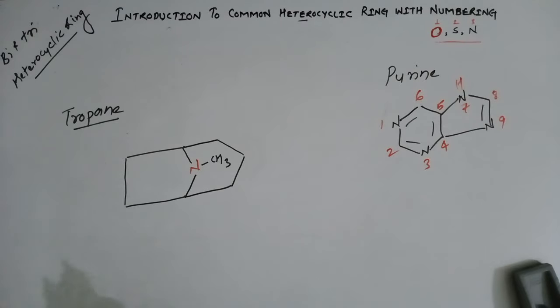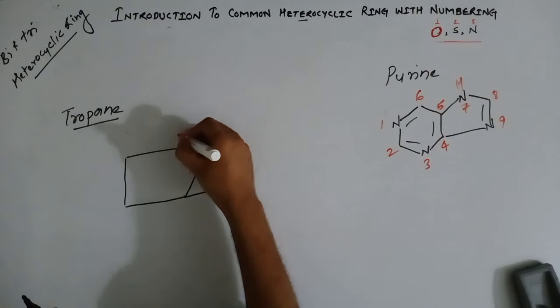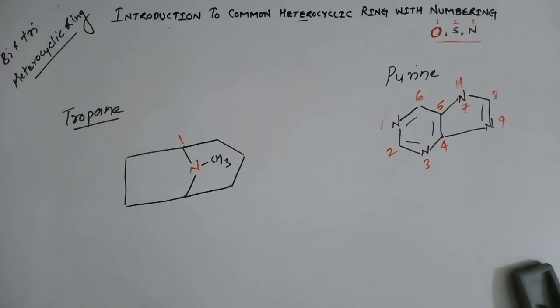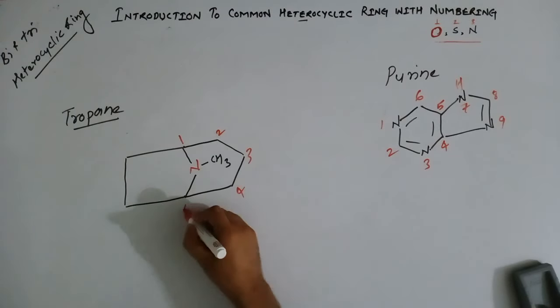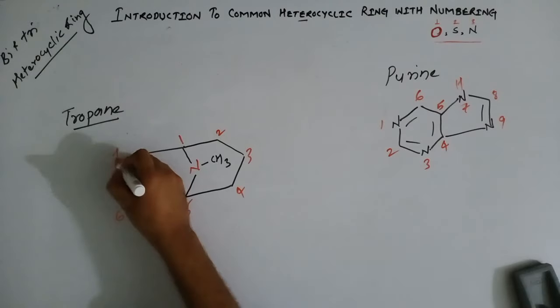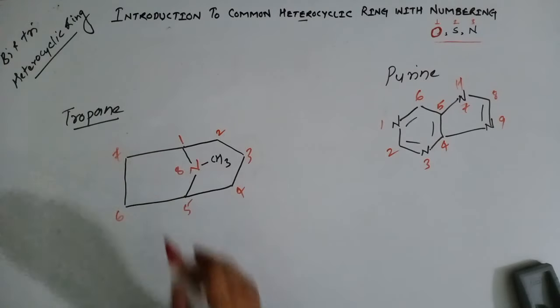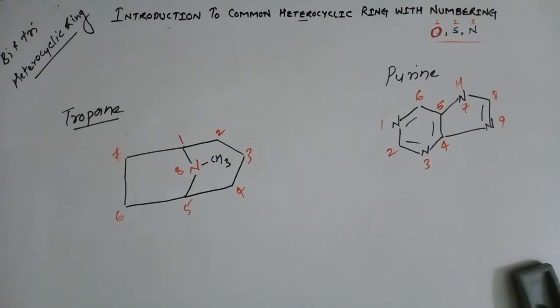Now in tropane the numbering begins from this position: 1, then 2, 3, 4, 5, 6, 7, and the last one is 8. This is the structure of tropane.